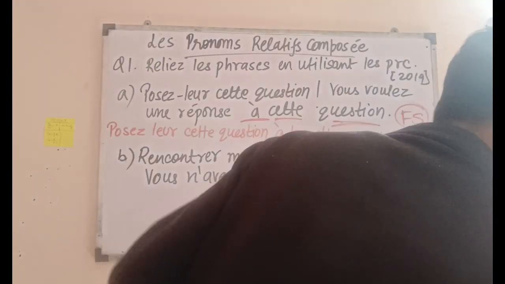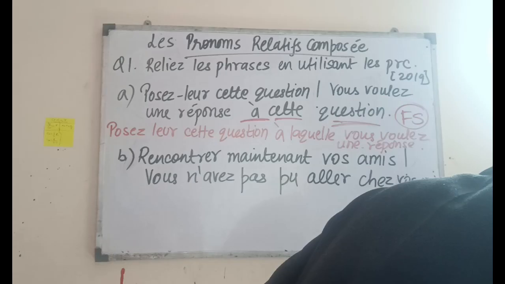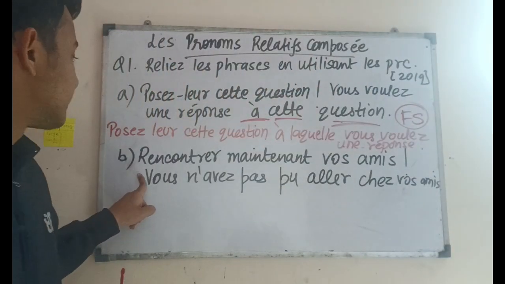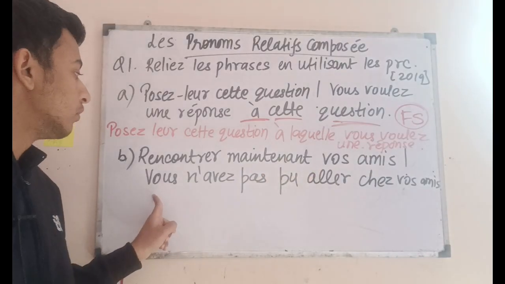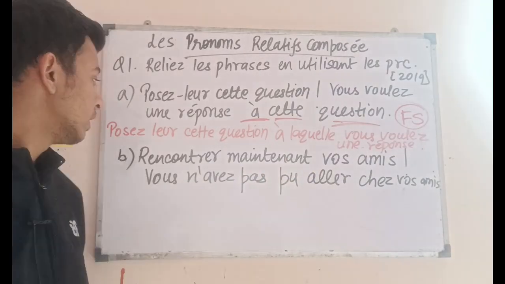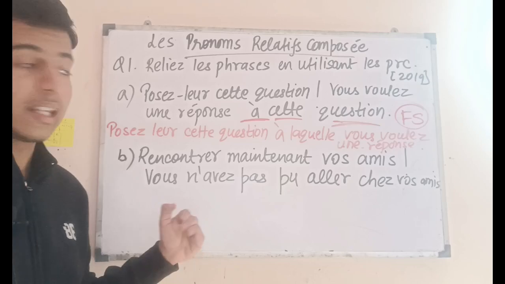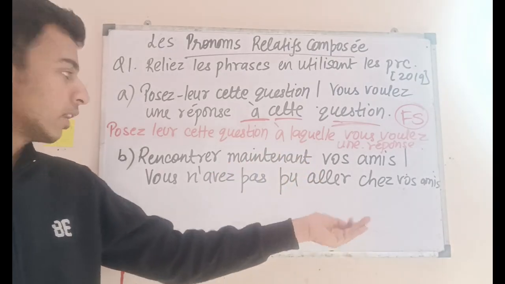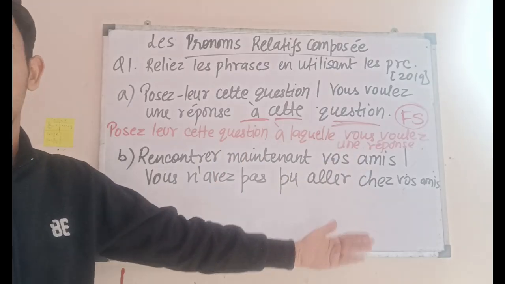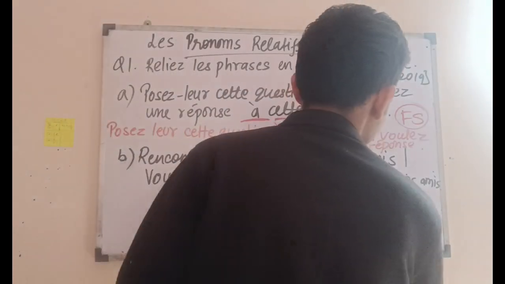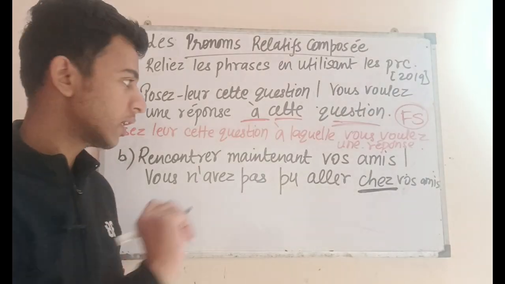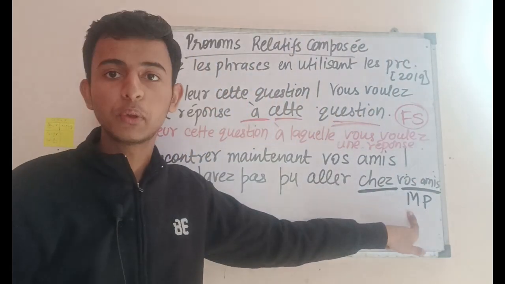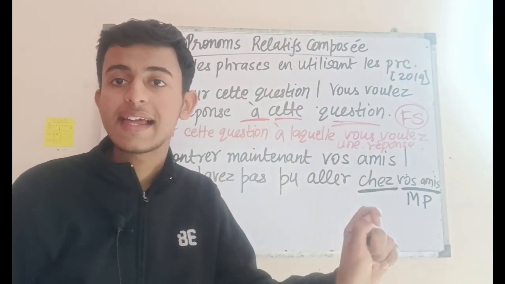The next question says, rencontrez maintenant vos amis, vous n'avez pas pu aller chez vos amis. So meet your friends now, because you would not be able to go to them, right? You will not be able to go to the place of your friends. So chez is the preposition that we have to use, and vos amis gives us the feeling of masculine plural, which means we'll be writing lesquels.